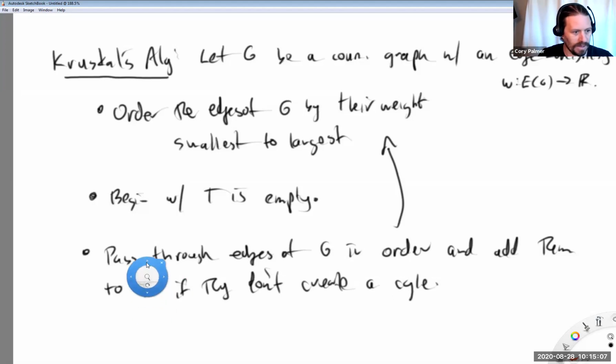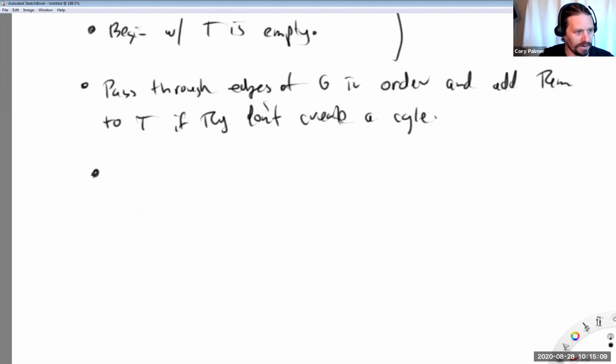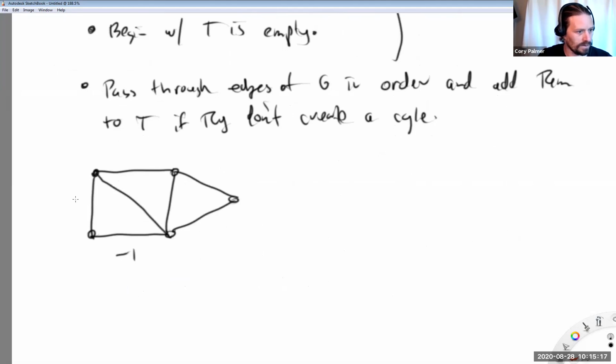Let me actually run this algorithm on the graph that we had here. It's very simple. What were these? -1, 3, 2, 6, 6, 4, 9. I think that was it. So let's run the algorithm. You don't even have to write the edges down in order. Let's just look.